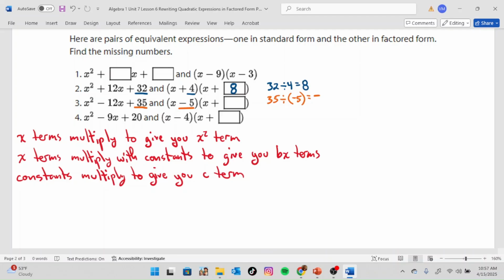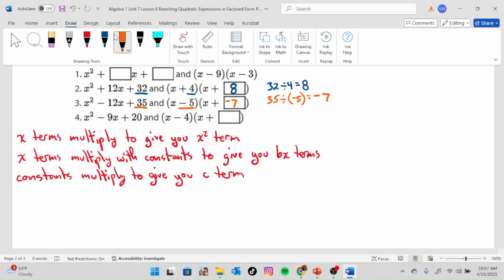And if I divide 35 by 5, I get 7. So my missing box here is negative 7. And I can check myself because if I were to use the distributive property here, negative 5 times negative 7, negative times a negative gives me a positive, and 5 times 7 gives me 35. So I know number 3 is correct.